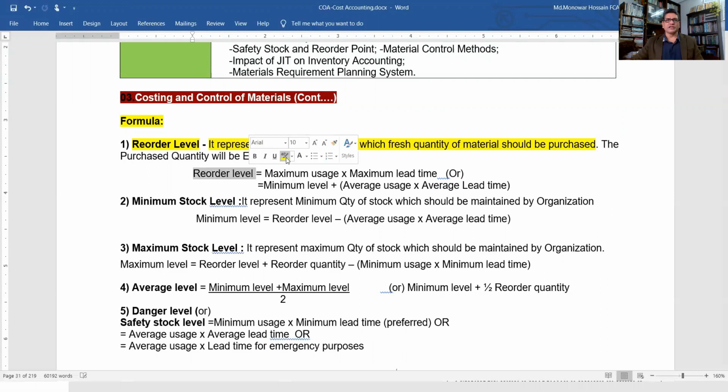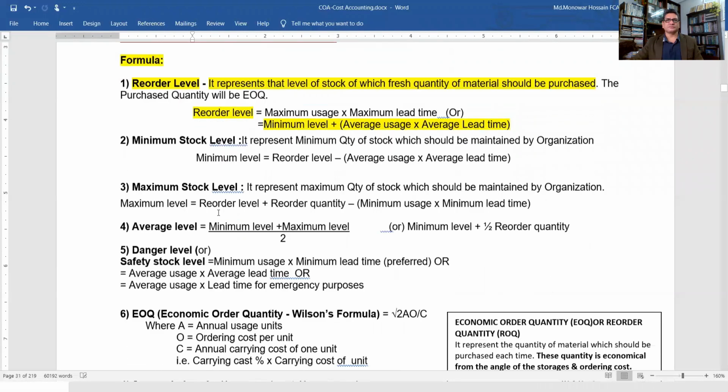So reorder level equals maximum use multiplied by maximum lead time. Or we can calculate minimum level plus average use multiplied by average lead time.